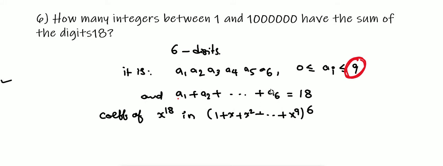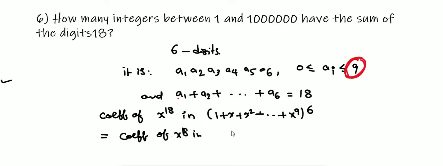So this is equal to the coefficient of x power 18. As we know from geometrical progression, this is (1 minus x power 10) power 6 into (1 minus x) power minus 6. So as we learned, binomial expansion for negative integral index.